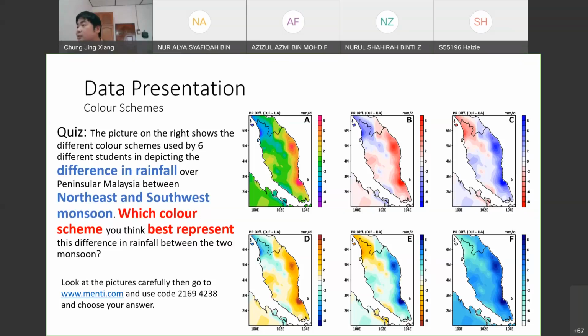Okay. And obviously rainbow cannot. Why? Because with the rainbow, at the zero mark, you can see there are two green colors. Two green colors. So from here, we don't know.